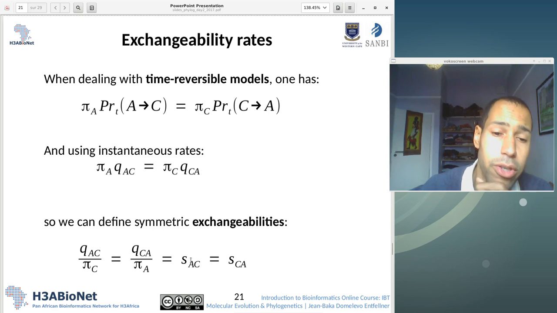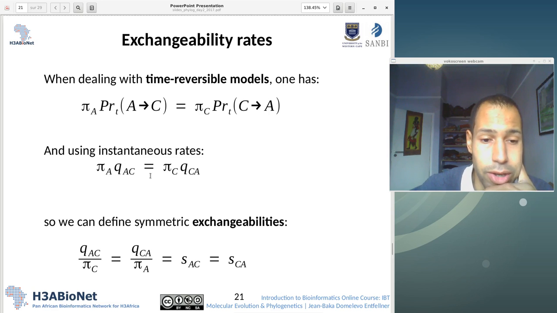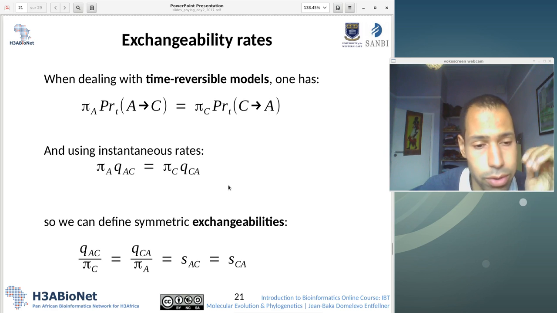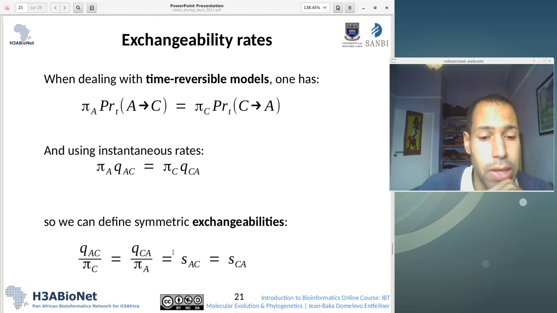Instead of having to give the 16 instantaneous rates, if you think about a 4 by 4 matrix that will describe our model, instead of having to give the 16, QAC, QCA, QAG, QGA, QTC, QTG, QGT, etc., all these 16, you can give the exchangeabilities. How many are they?